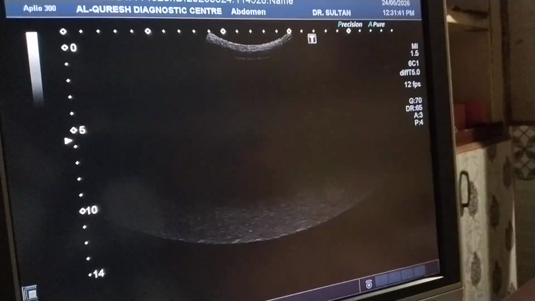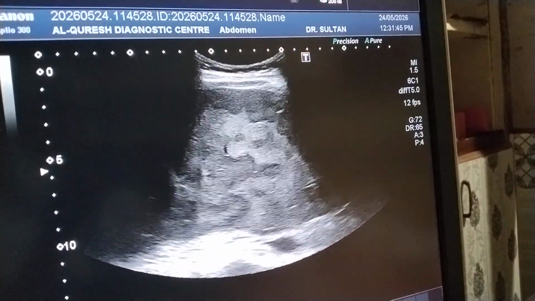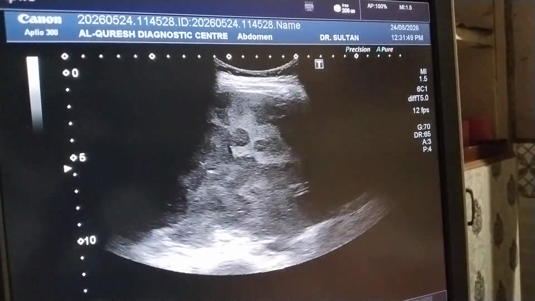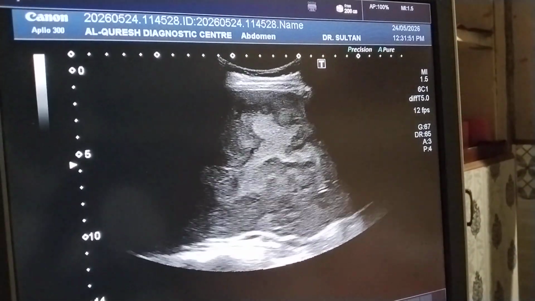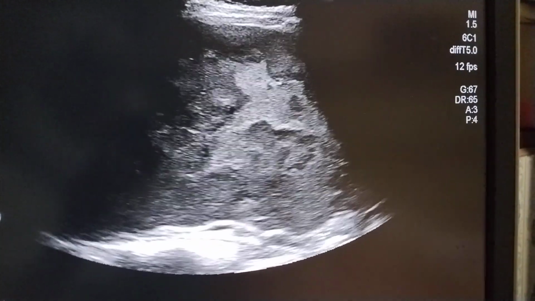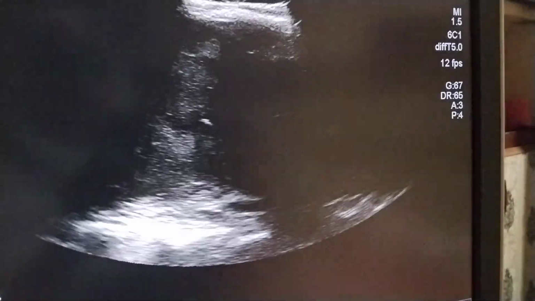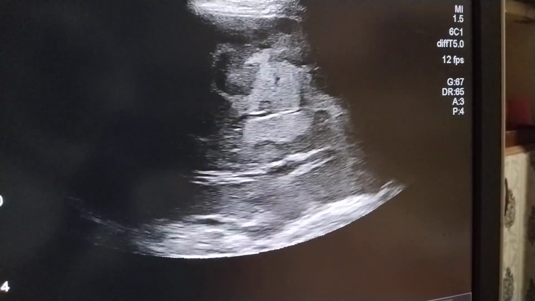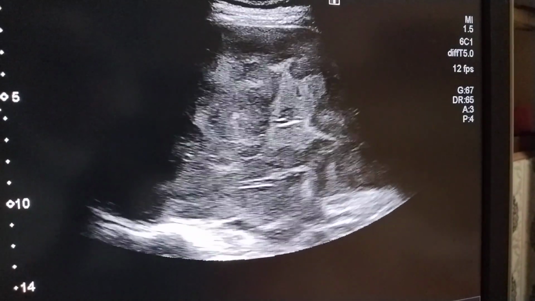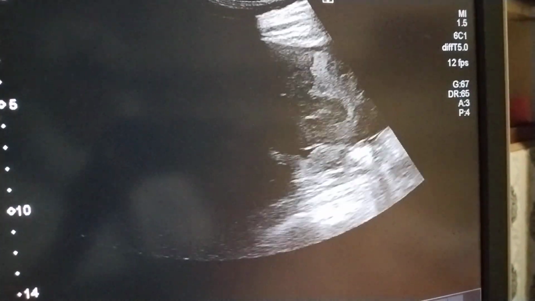So the left lobe is diffusely involved by the target lesions. This is the right lobe, which is also showing diffuse involvement with target appearing lesions. So multiple lesions are present in both lobes, right and left.